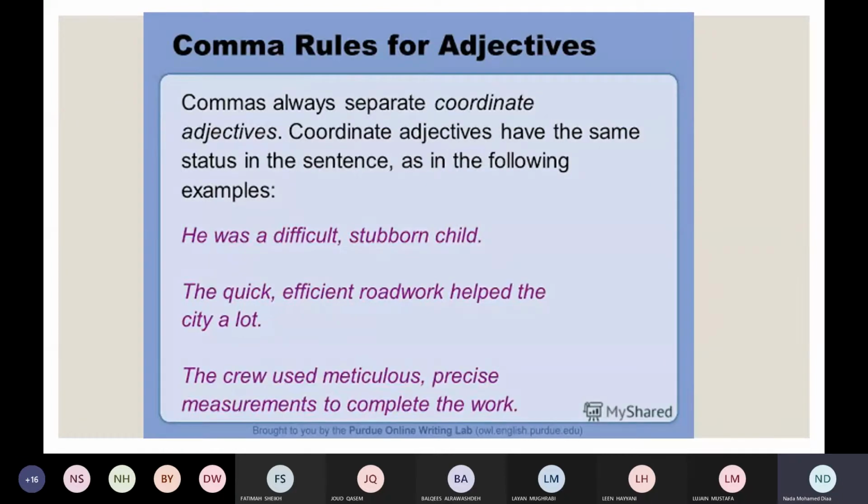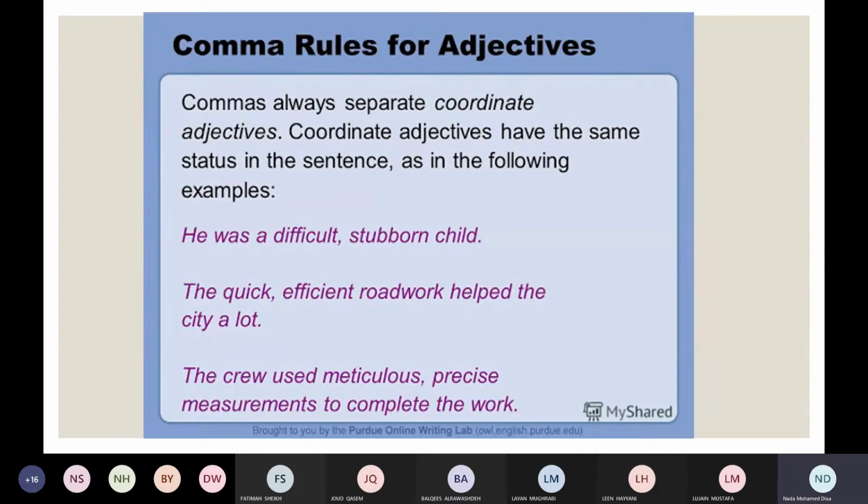Okay, what about adjectives? Use a comma to separate two or more adjectives that precede the same noun. They precede and modify the same noun. So I separate them when they modify the same noun.